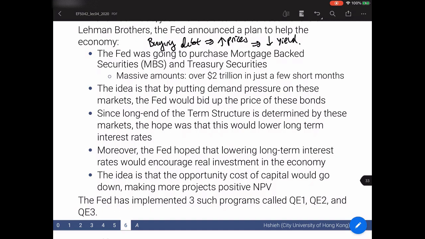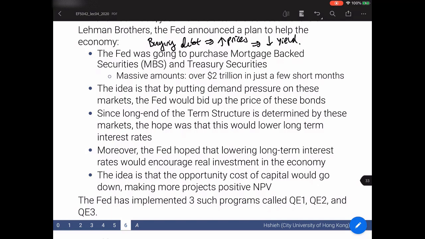In 2008, the Fed actually implemented QE 3 times. First in, I believe, around March, where they decided to buy MBS plus treasuries. Same thing for QE 2. And for QE 3, they bought more MBS.